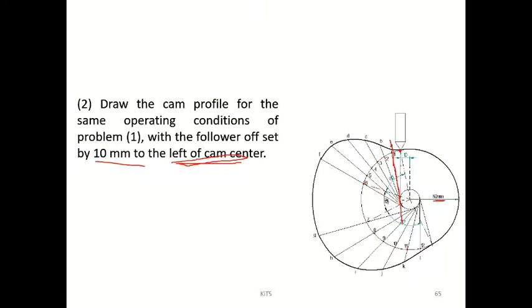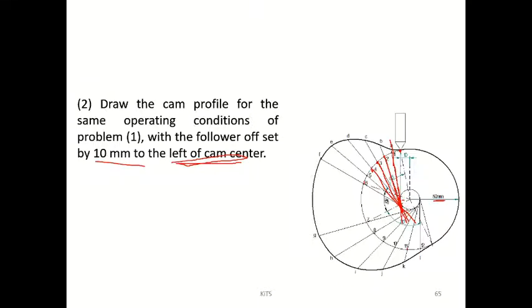Now keep one end of the scale on point 2, and the other end should touch the inner circle. Similarly, keep one end on point 3, and the other end should touch the inner circle. One end on point 4, another end should touch the circle.